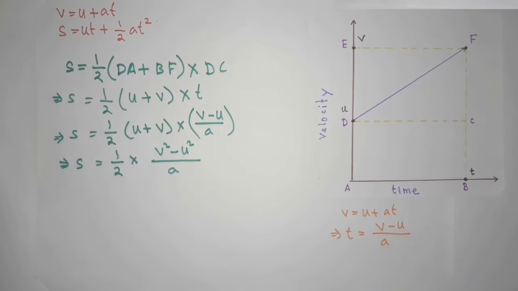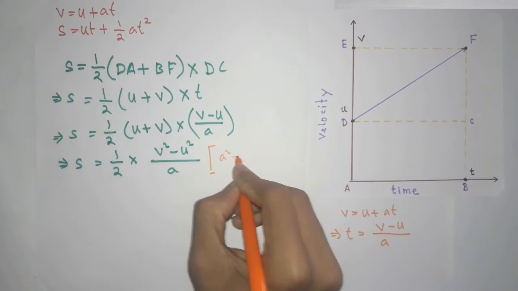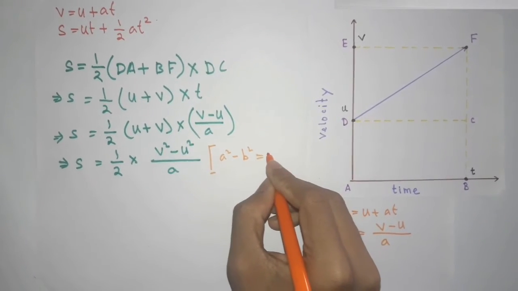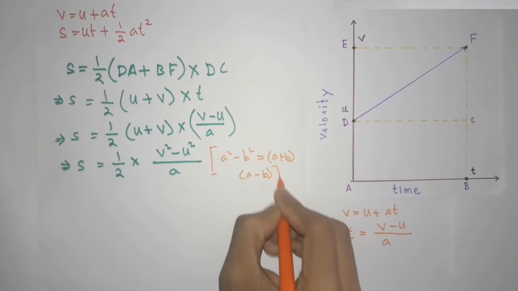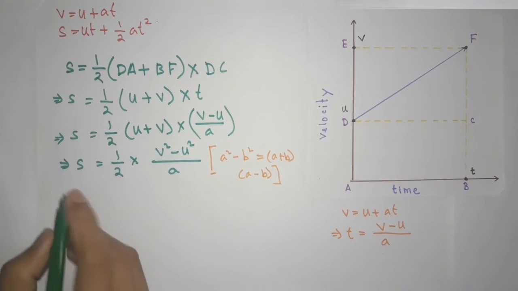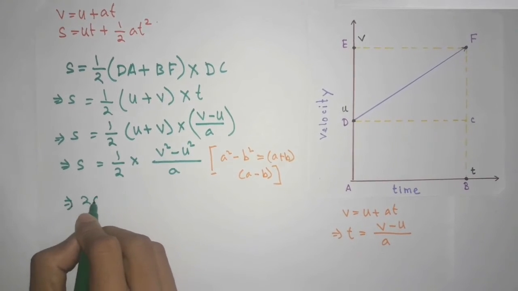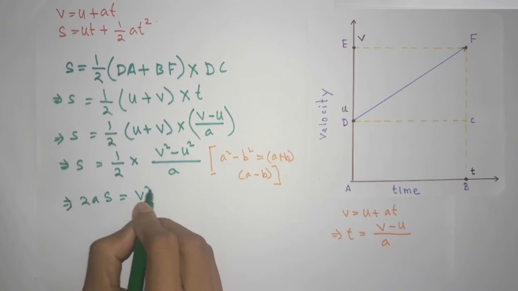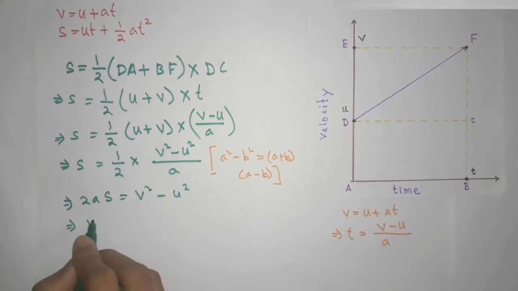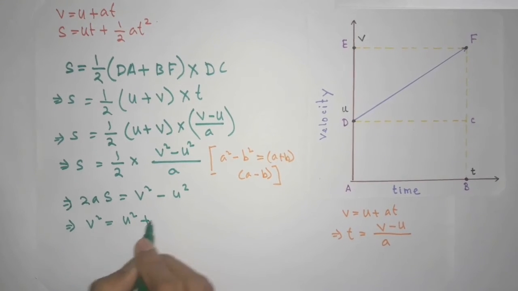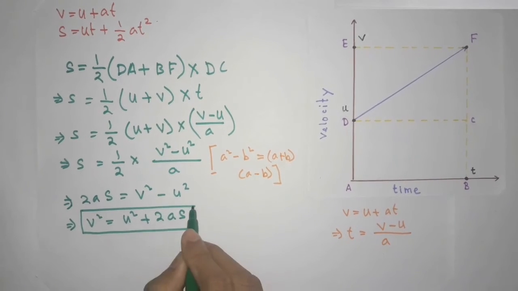For those of you who have not understood this part, I have used the formula a squared minus b squared is equal to a plus b into a minus b. If we take this 2a to the left hand side, we get 2as is equal to v squared minus u squared. On rearranging, v squared is equal to u squared plus 2as. Here we have found the third equation of motion.